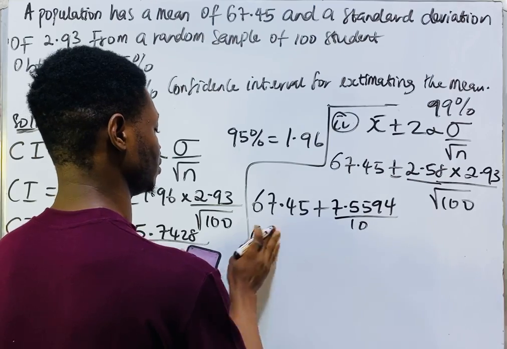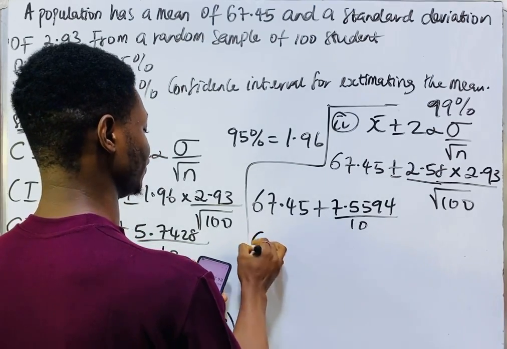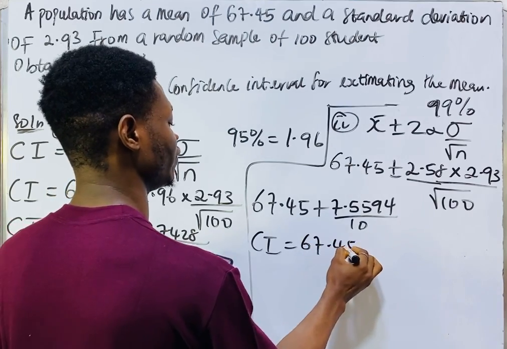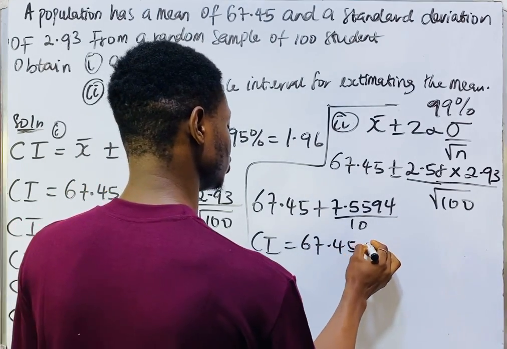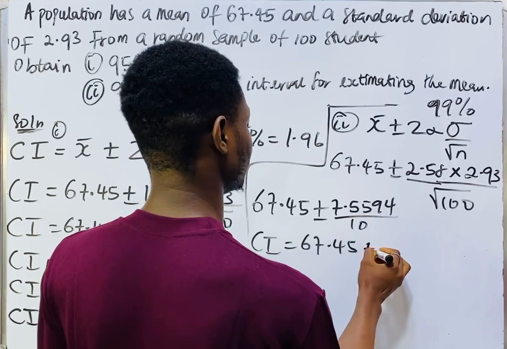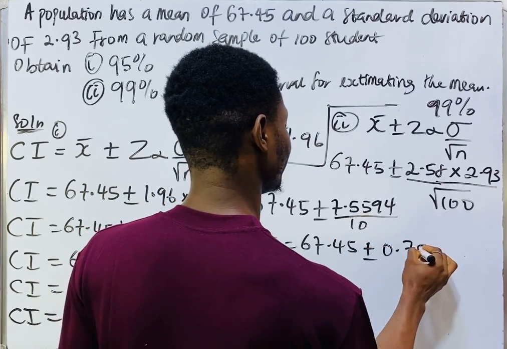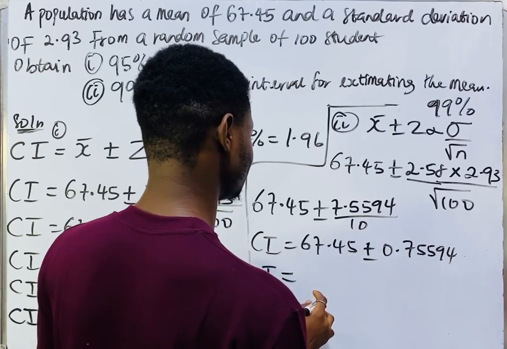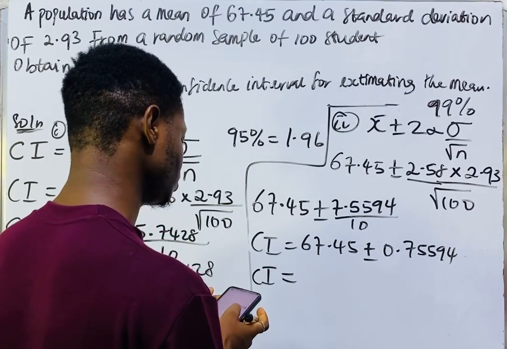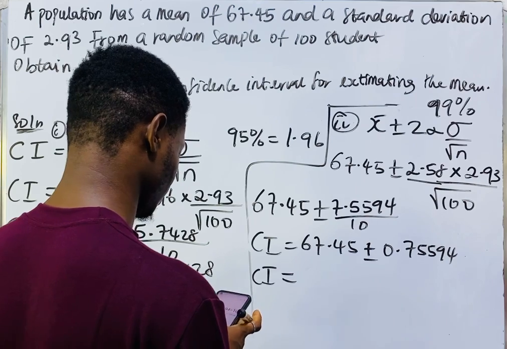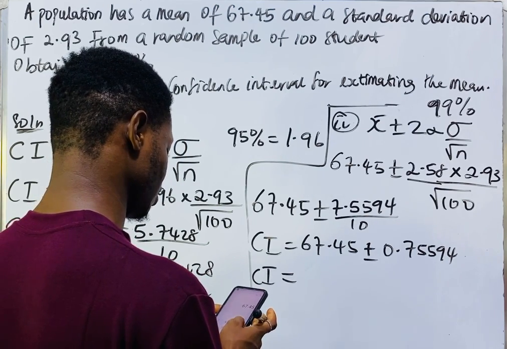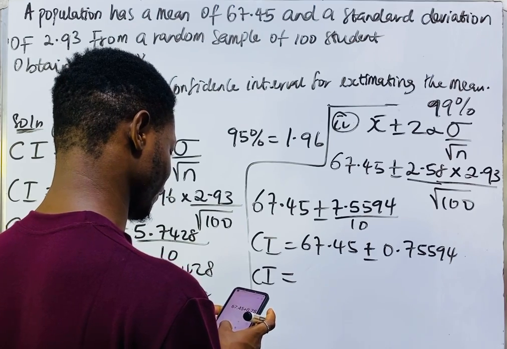So our confidence interval is 67.45 plus or minus, remember, 0.75594.